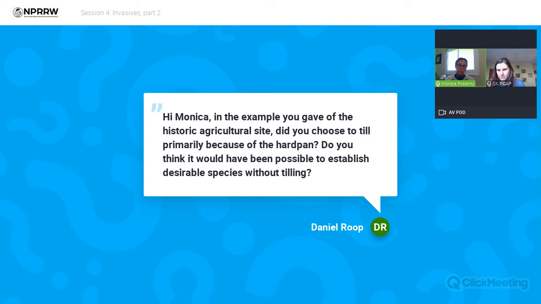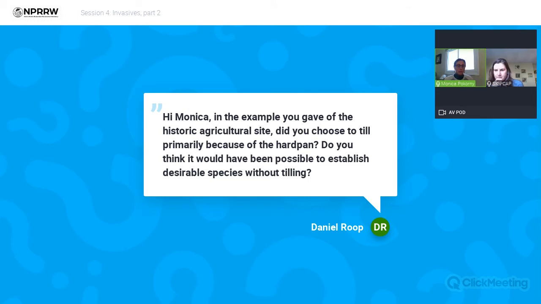And so there was a really hard layer in the soil about 6 inches deep. And the Park Service had tried revegetating this site multiple times in the last decade without any success. And so in that case, we really had to break up the hard pan.